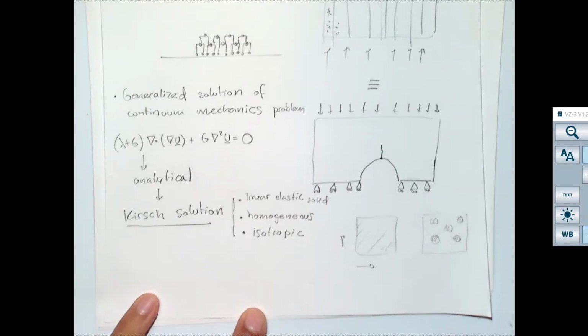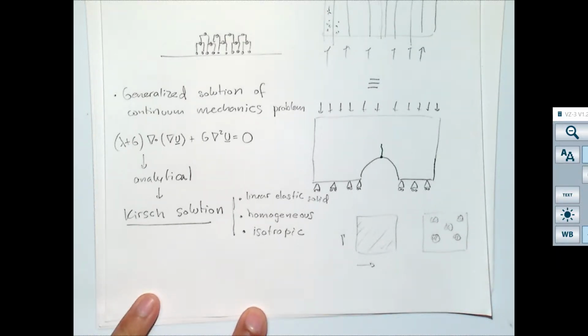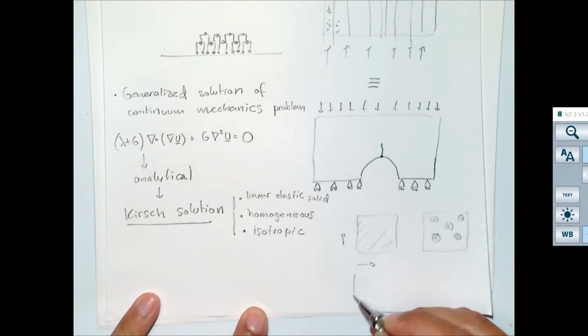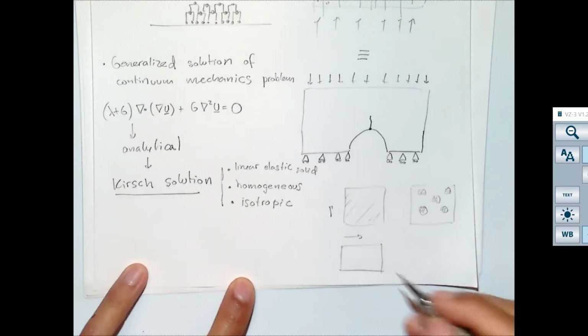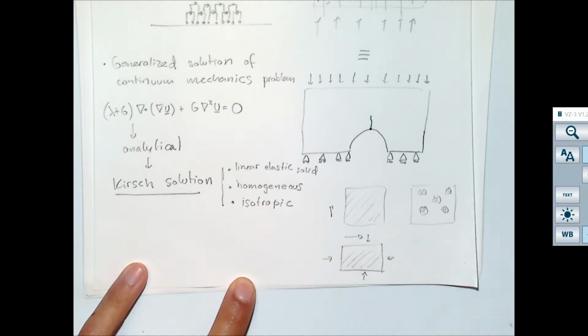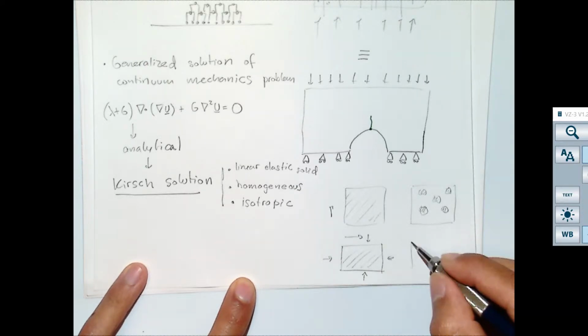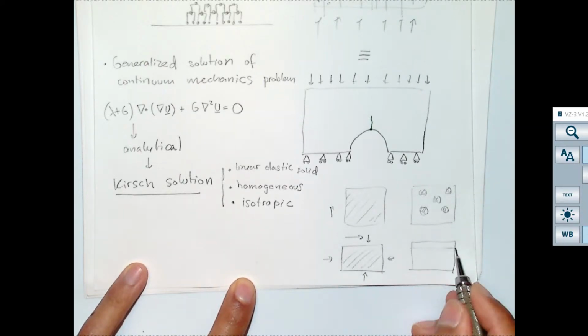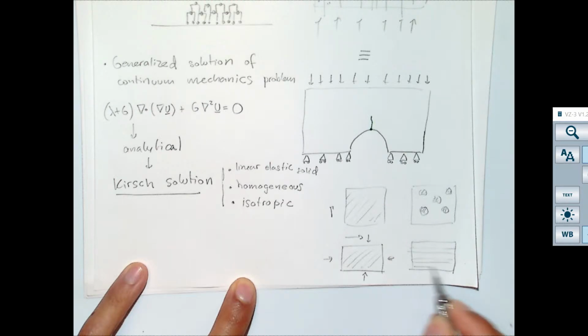And isotropy means that you could have a material like this one that is also isotropic: if you load it in this direction, it responds the same way as when you load it in this direction. If it is anisotropic, it's not the same if you load it in one direction or in the other.